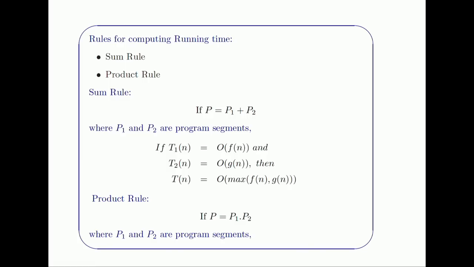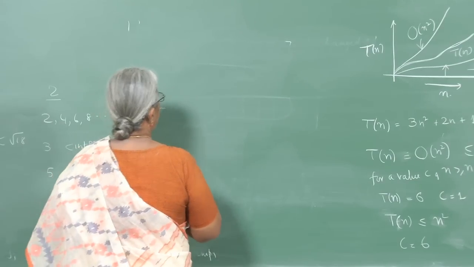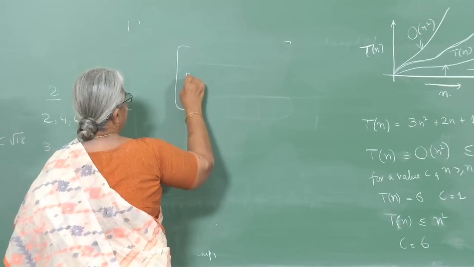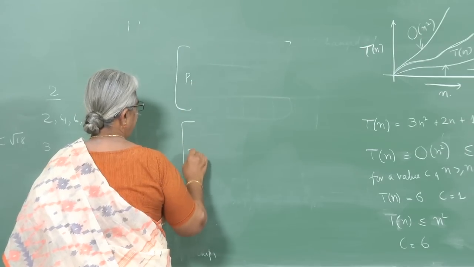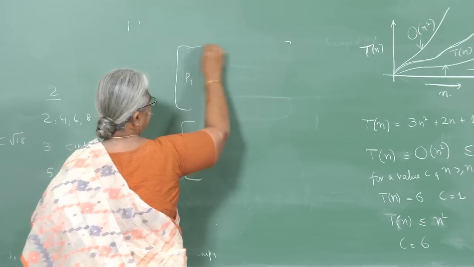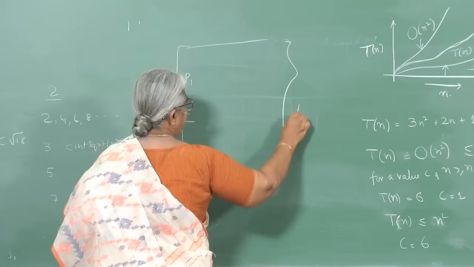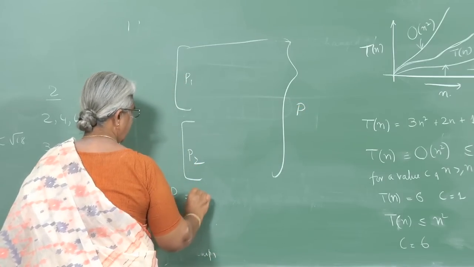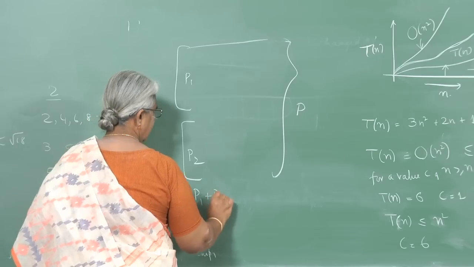What are the rules for computing the running time of a program? There are 2 specific rules, the sum rule and the product rule. The sum rule states that if a program is made up of 2 segments P1 and P2, what do we mean by this? Let me illustrate. I have a program P1 here and another program P2 here, and this program P is made up of the sum of 2 program segments, P1 plus P2.